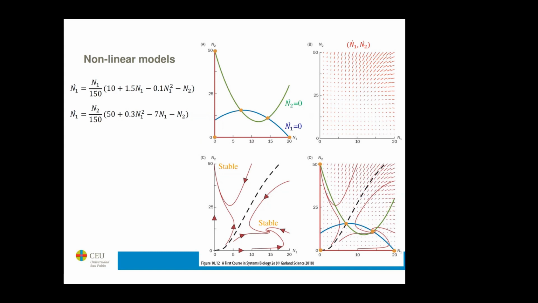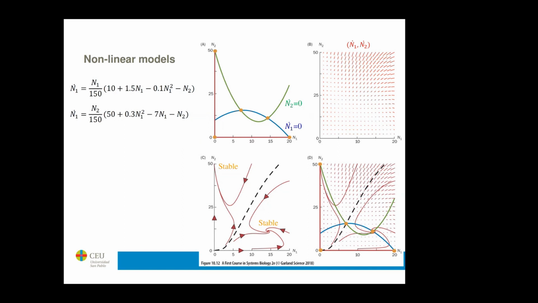So the derivative of N1 depends in a non-linear way on N1 and in a linear way on N2. And here it is the same. So this is N2. N2 depends in a non-linear way on N1 and also non-linear on N2.